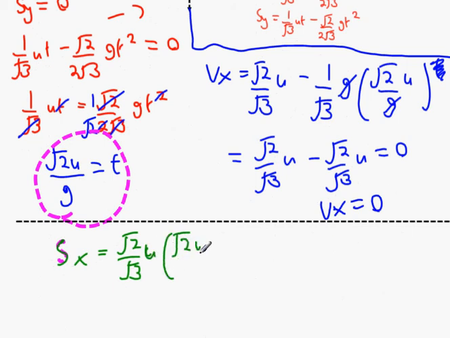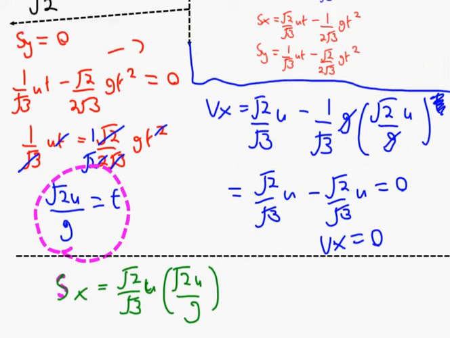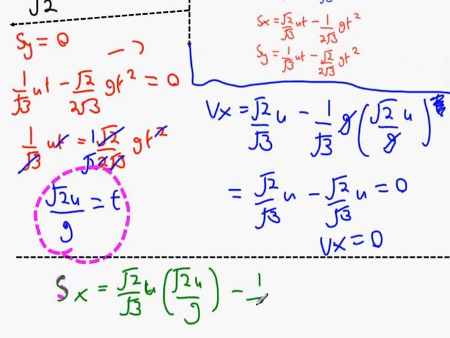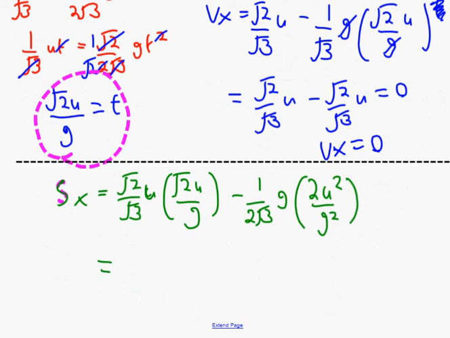Root 2u over g, then minus 1 over 2 root 3 g. Now what's t squared, guys? T squared? 2u squared over g squared. Thank you, Neil. And then let's see what happens.